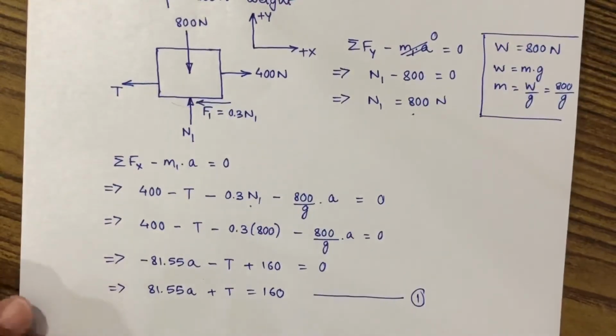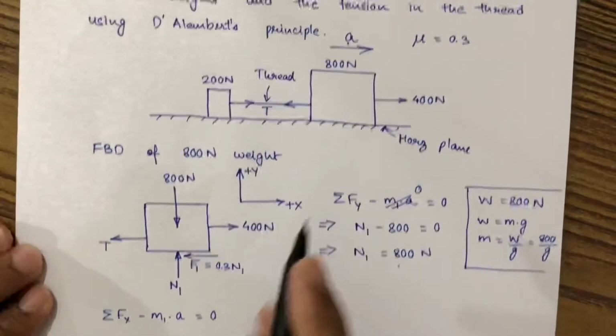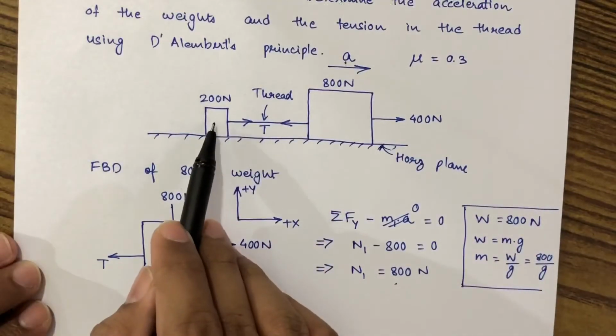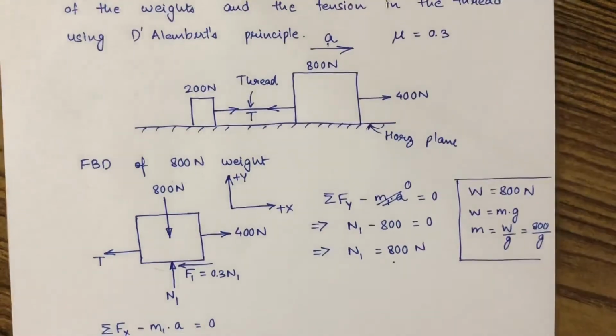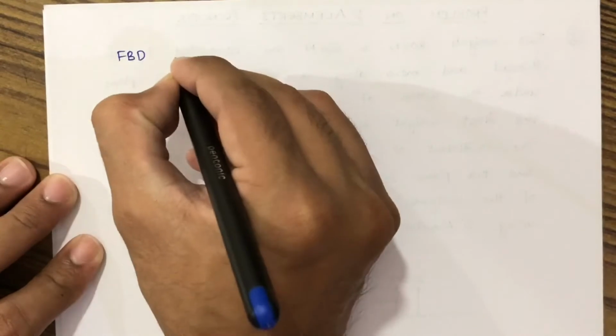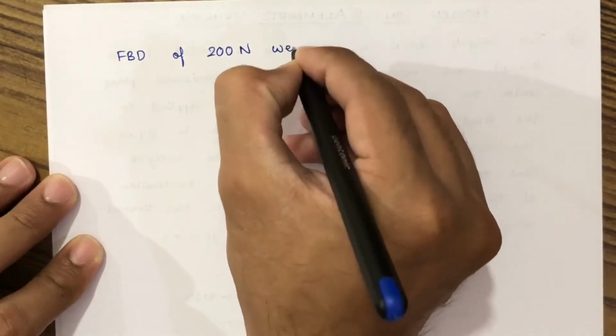Now we need one more equation, so that based on these two simultaneous equations we can get the value of acceleration as well as tension. For that, we will consider the FBD of this weight of 200 Newton. This is the FBD of the 200 Newton weight.